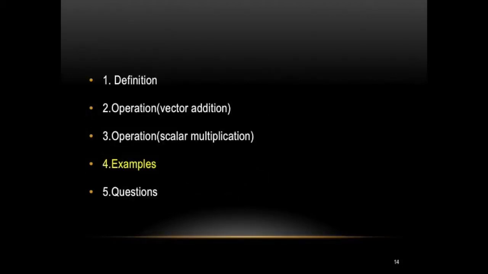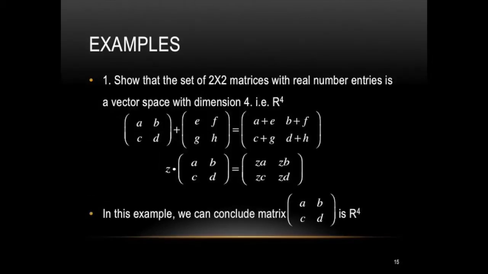After talking about the vector addition and scalar multiplication of the vector space, now I will introduce some examples to consolidate the theory of vector space. Example 1. Show that the set of 2 times 2 matrices with real number entries is a vector space with dimension 4, such as R4.